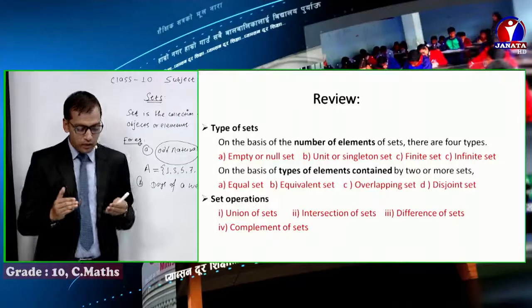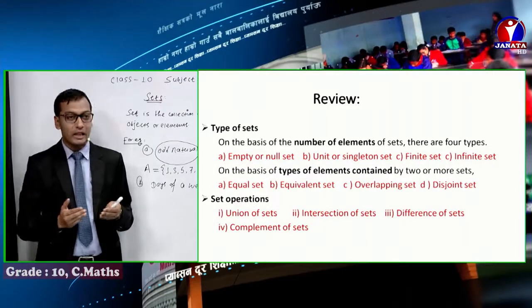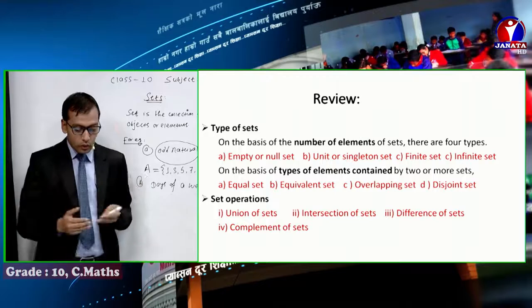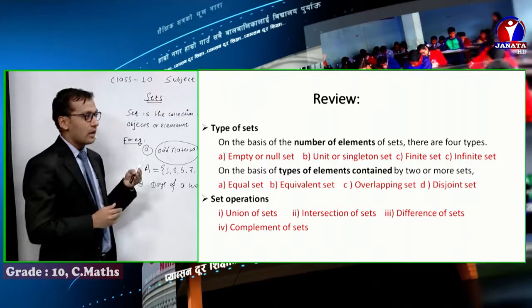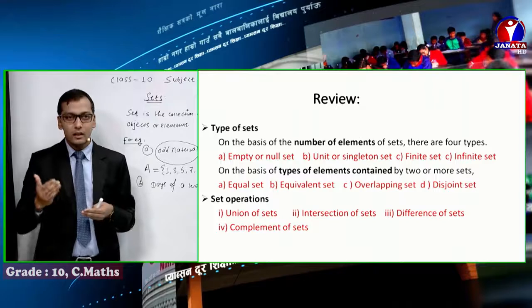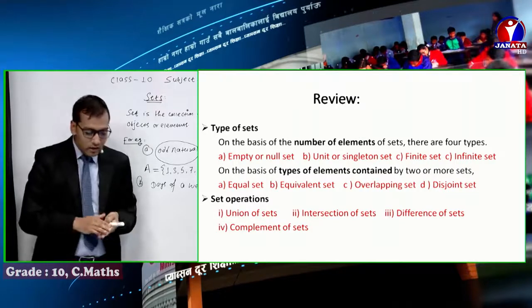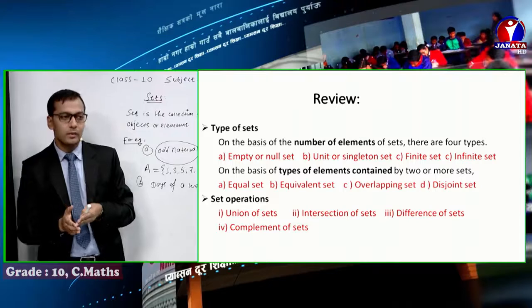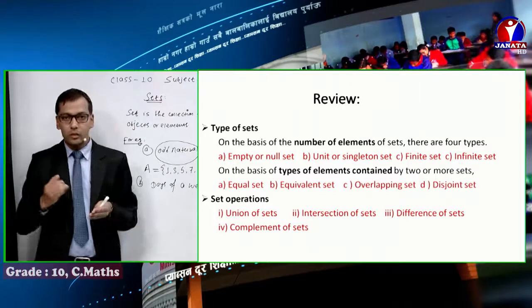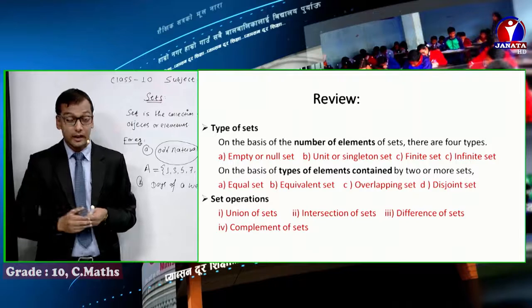Though these topics are not so important in grade 10, we need to know the different types of sets, set operations, and the cardinality relation of sets, because without knowing set operations and cardinality of the set, we cannot solve questions based on two subsets or three subsets in the exercise.